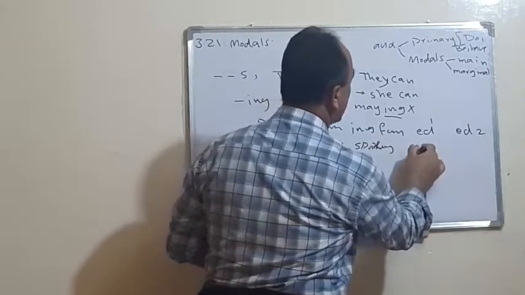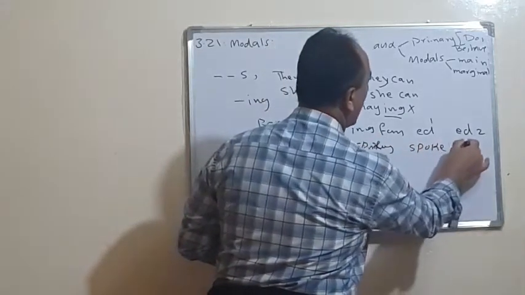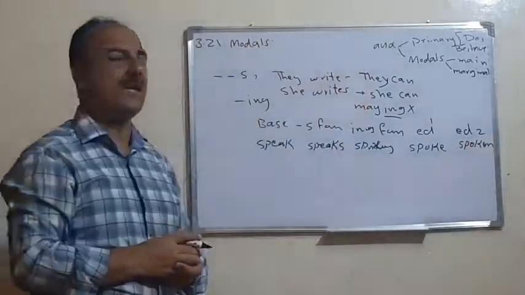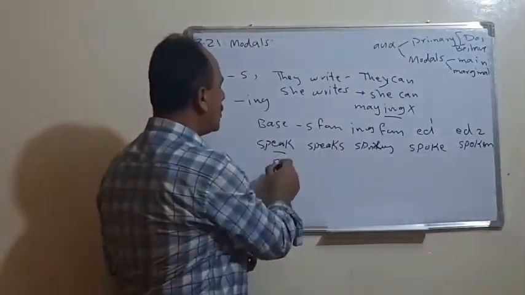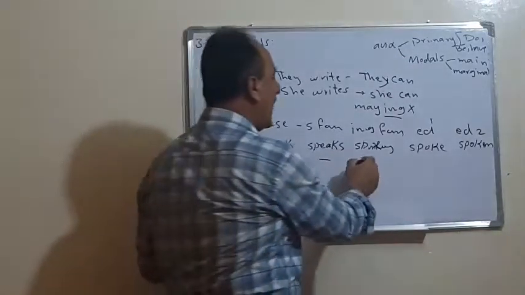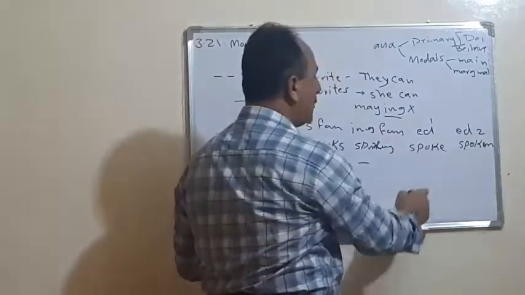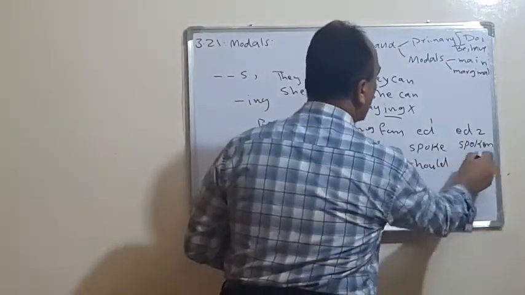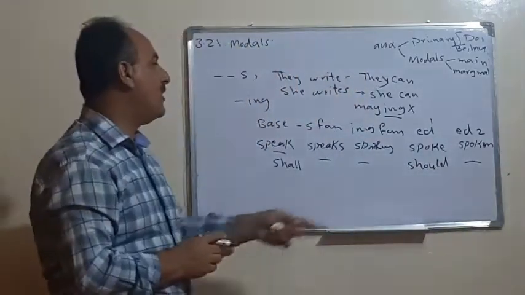Then we have spoke in the past, and spoken for the past participle. But if we take a verb like shall, we don't have shalls, and we don't have shalling, but we have should, and we don't have a past participle for should.